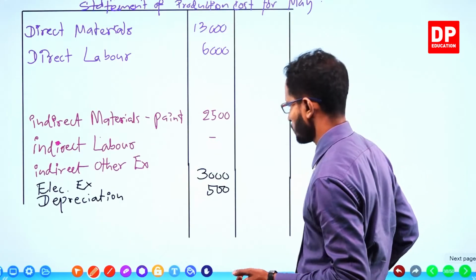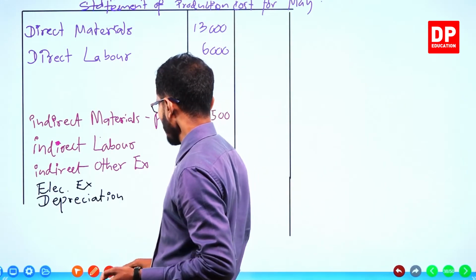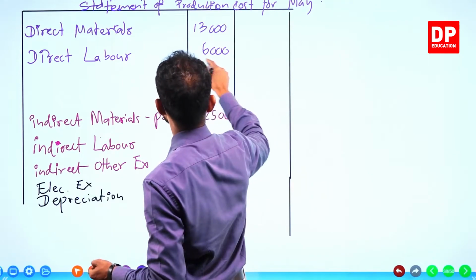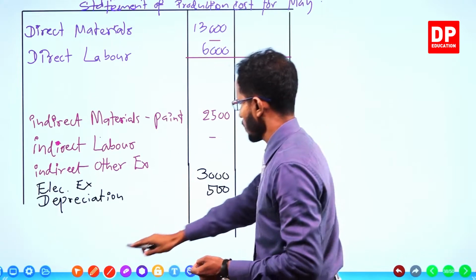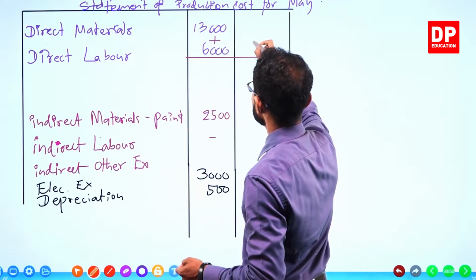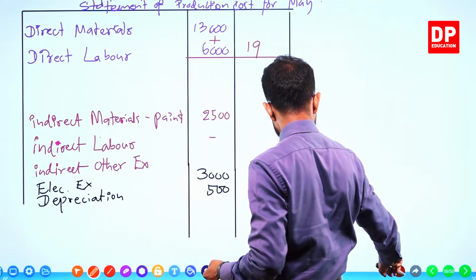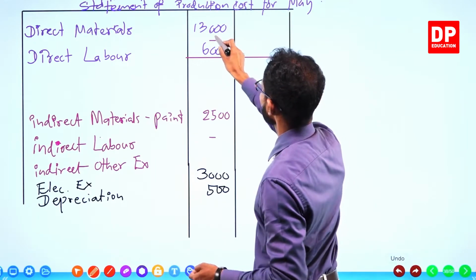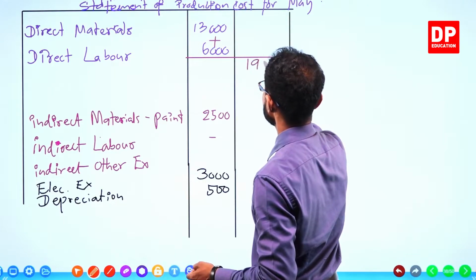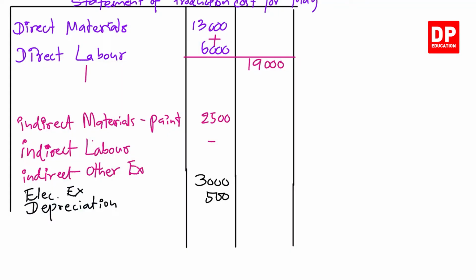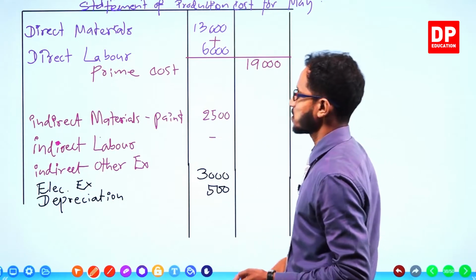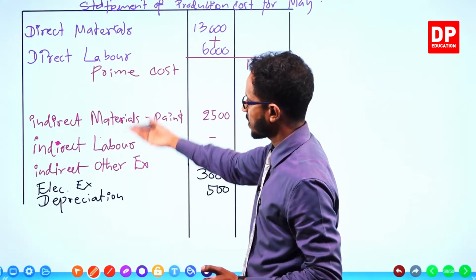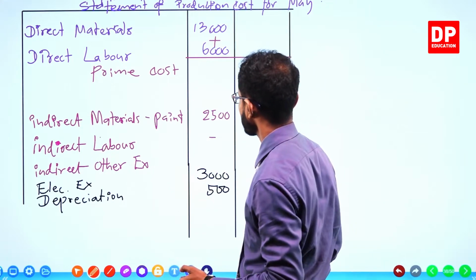Now we can calculate. Take the prime cost, children. 13,000 plus 6,000. It's 19,000. Prime cost. Take the overhead cost, all the indirect costs, addition of all the indirect costs.